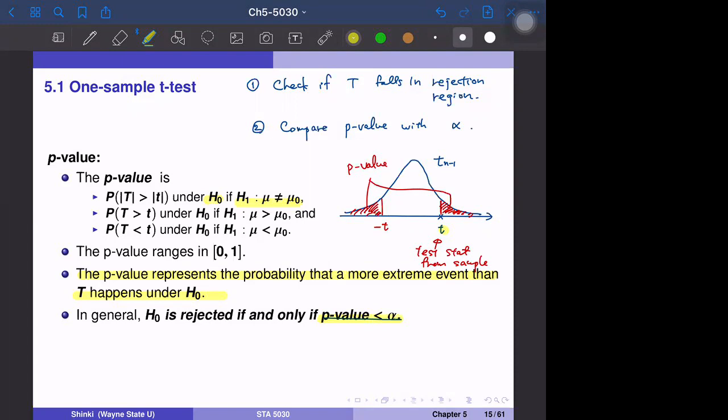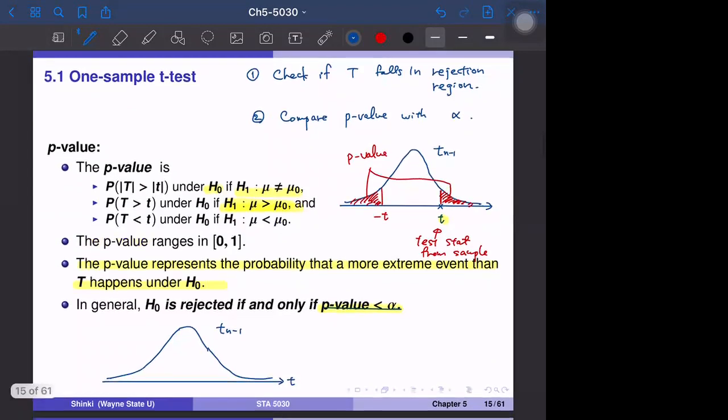And the p-value is different if the alternative hypothesis is one-sided. So the basic idea is, suppose H1 is mu is larger than mu naught. This is the second case. Then the t distribution is here, t sub n minus 1.